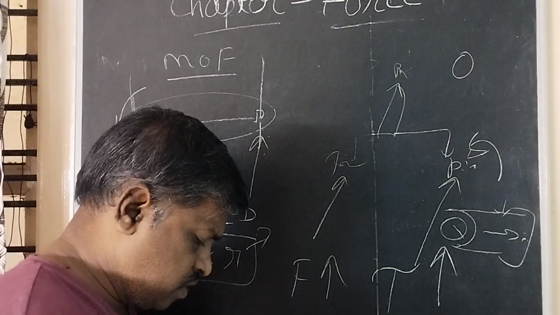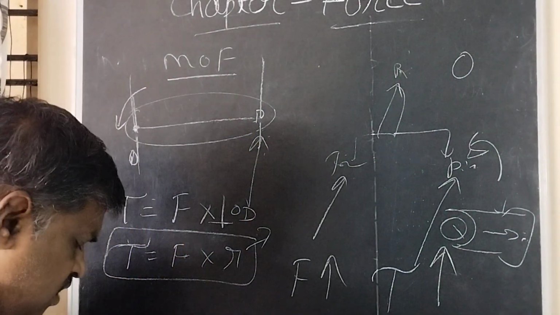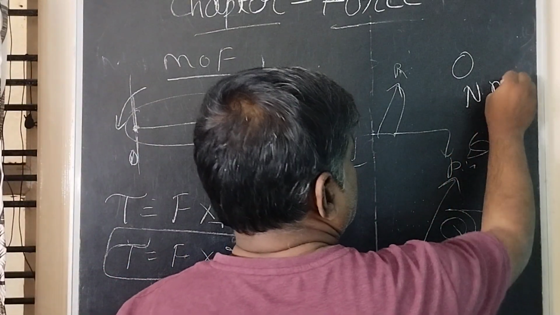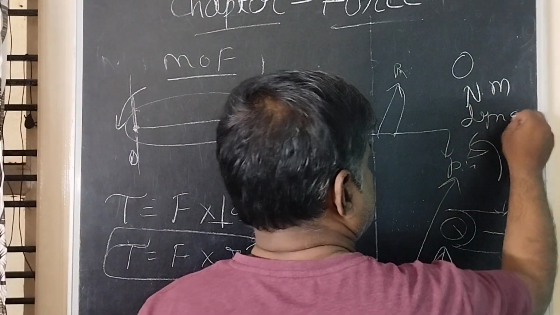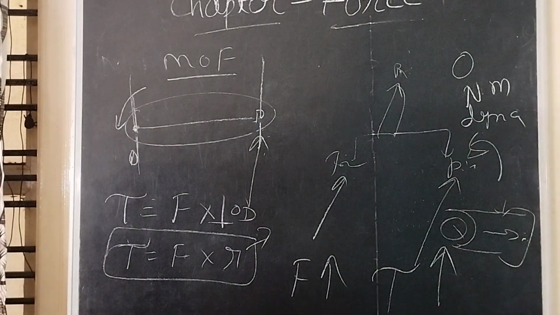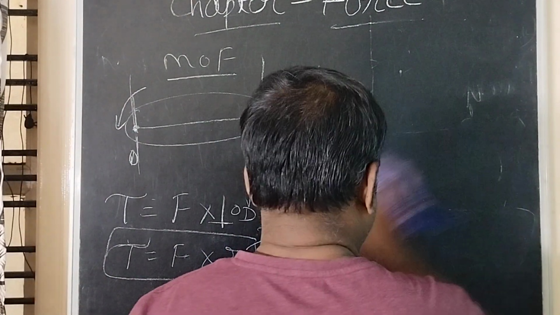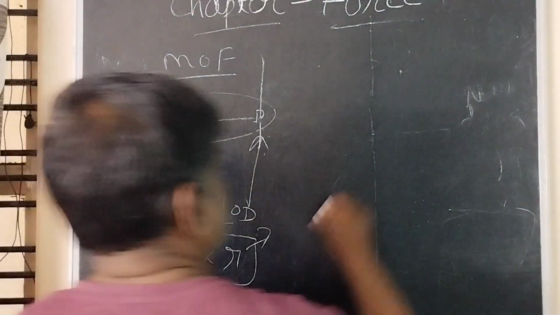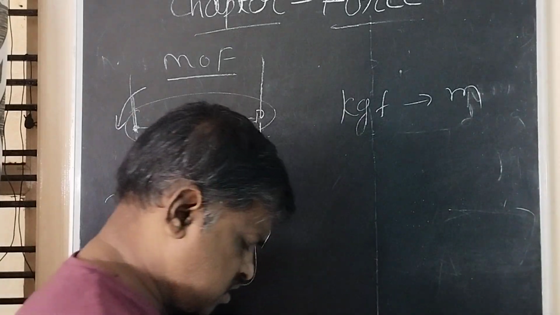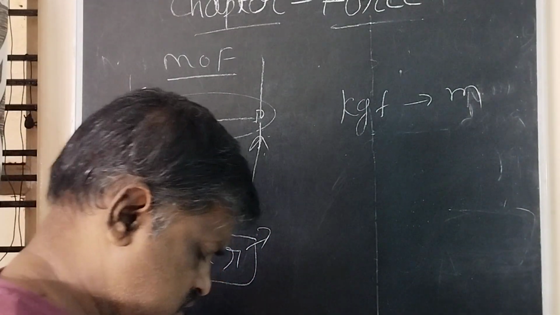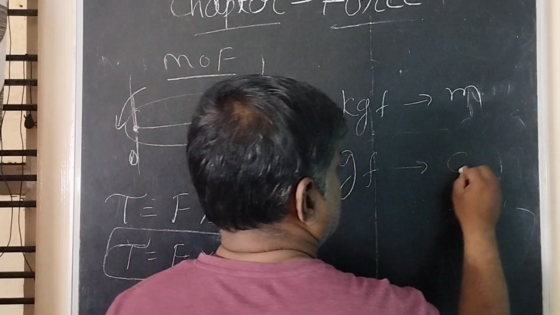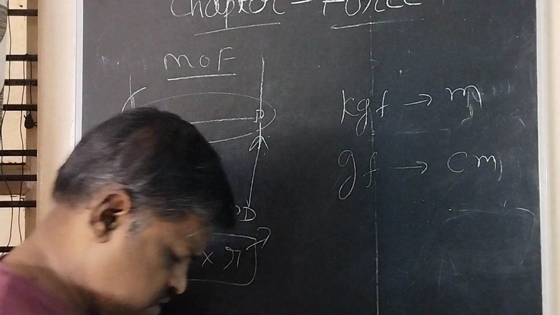Okay, the unit of moment of force is the Newton meter, and in CGS it is dyne centimeter. Sometimes we use kgf meter also. If the force is in kgf, the distance should be in meters, and if it is in gf, the gravitational force, then we need to use centimeters.